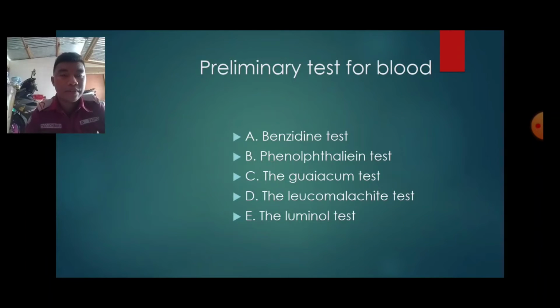And letter B is the phenolphthalein test. It is a presumptive test that reacts with the heme molecule present in blood.